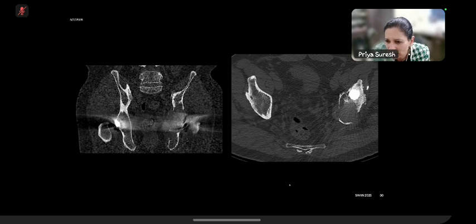Okay, and you can see complete osteolysis. You can see the soft tissue component extending outside as well. Same thing, like how we saw on the MR, it was all expanding the bone and causing quite a lot of lysis.